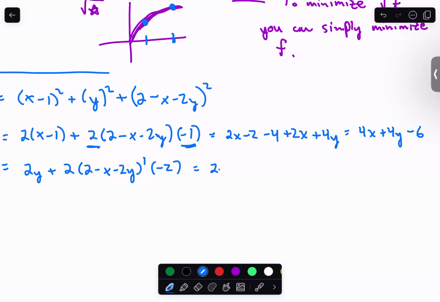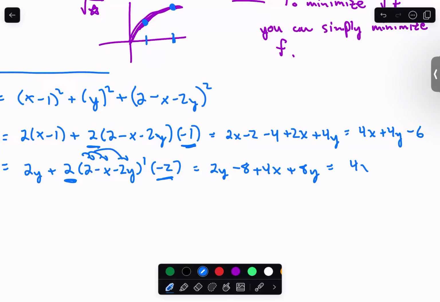All right, next up, let's simplify the next one. This one I need to multiply by -2 and 4, and I'm going to distribute these to all three pieces here. So -4 times 2 would be -8. -4 times -x would be plus 4x. And -4 times -2y is going to be plus 8y.